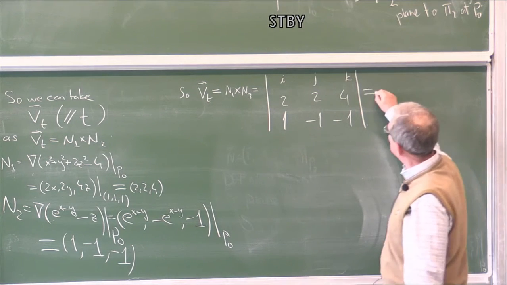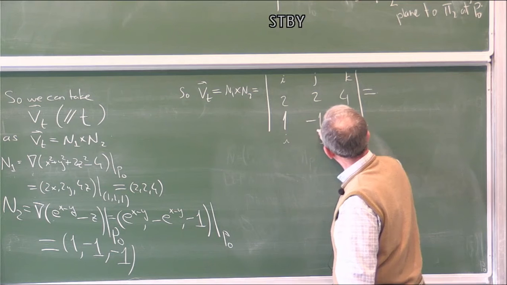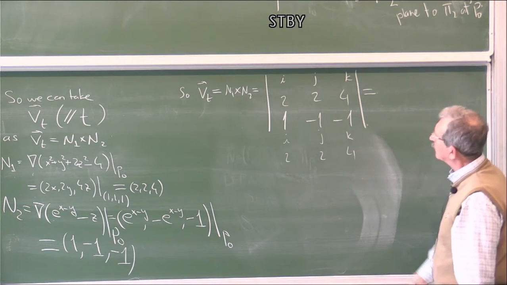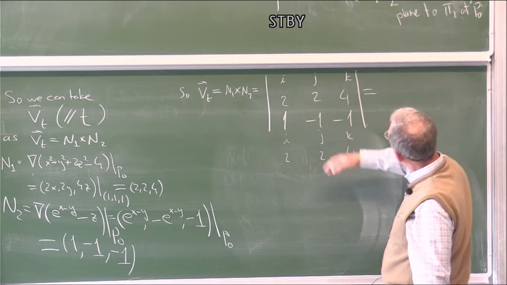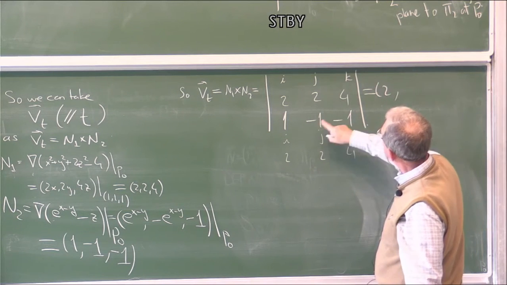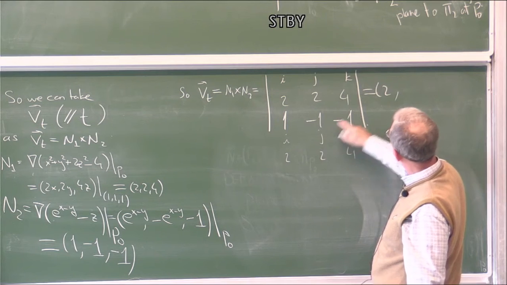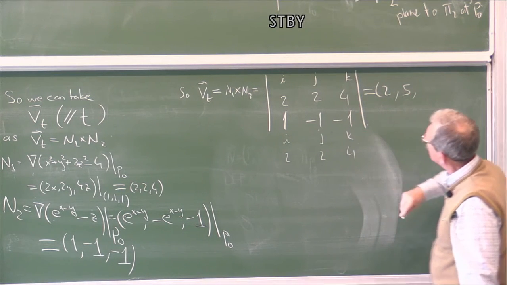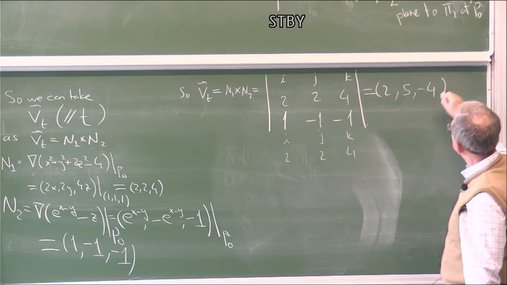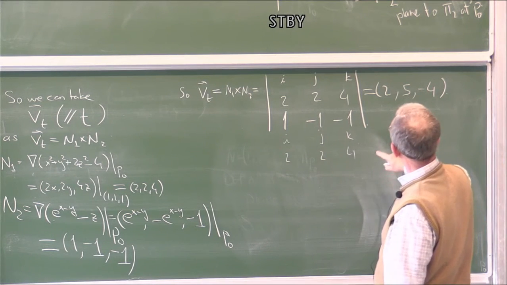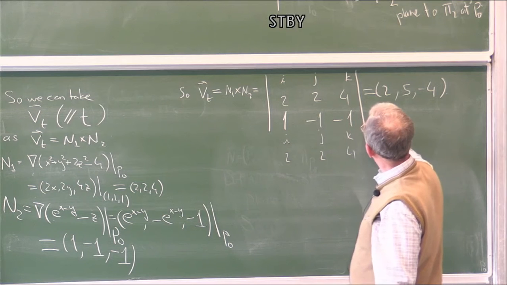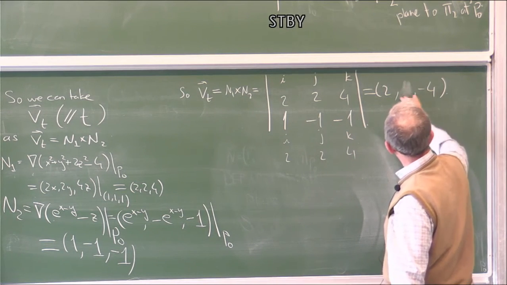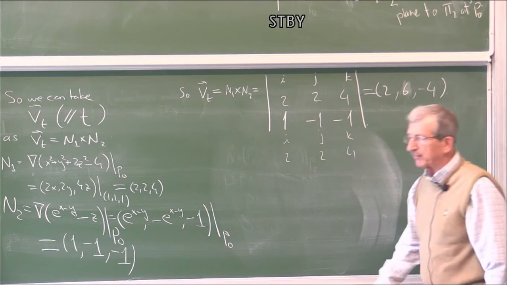Well, I will not calculate it in detail. That would be plus 2, and then that would be plus 5, and this would be minus 4. Is that correct? Probably not. Let me see. That's minus 2, minus 4. That should be 6. Okay.